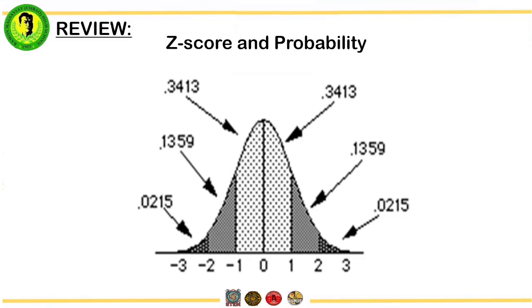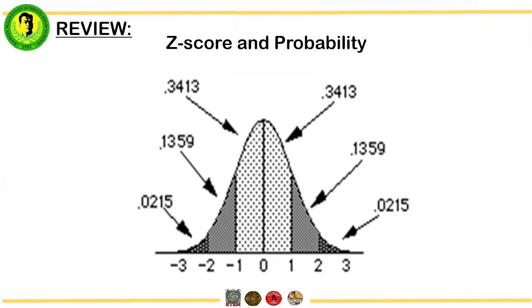Probabilities can be calculated using the standard normal distribution table. These probabilities correspond to the area under the normal distribution curve, and they represent the likelihood that a randomly selected value from the distribution will fall within a certain range of values.